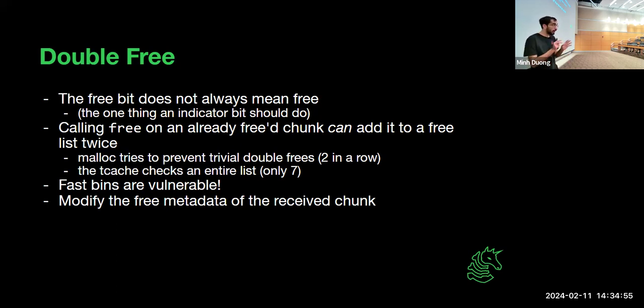It will try its best to crash the program ahead of time. For example, if the top chunk in a list is already freed and it equals the pointer you just tried to free, it will crash. But if it's not the top chunk in a list, then it has no idea. It doesn't scan the list except for the T-caches.